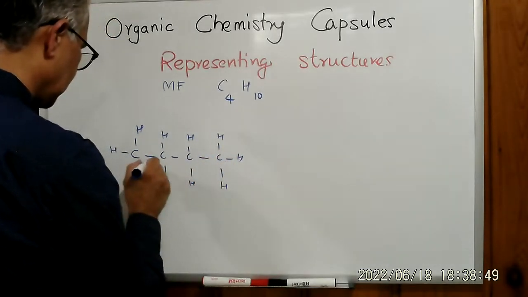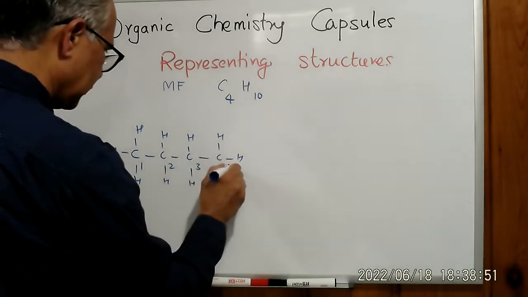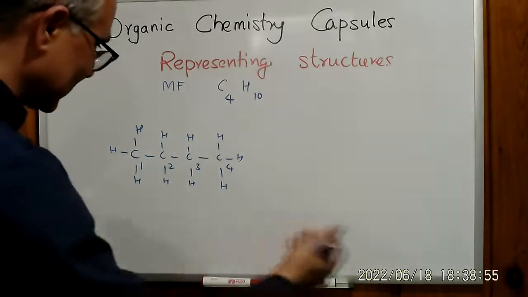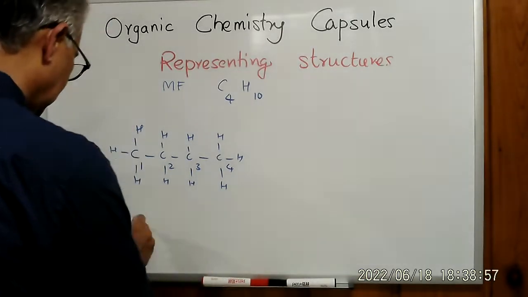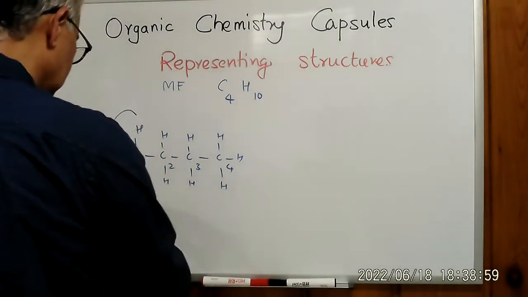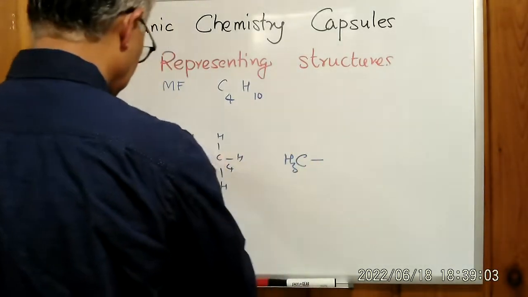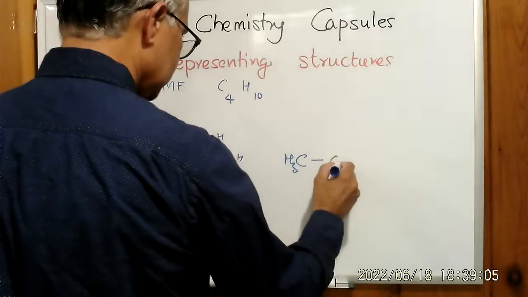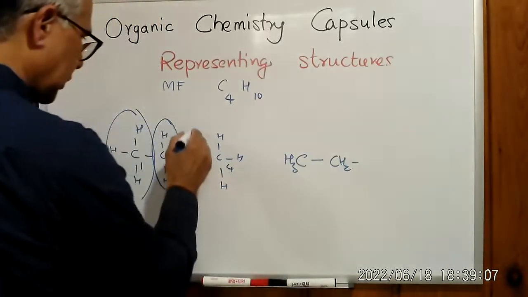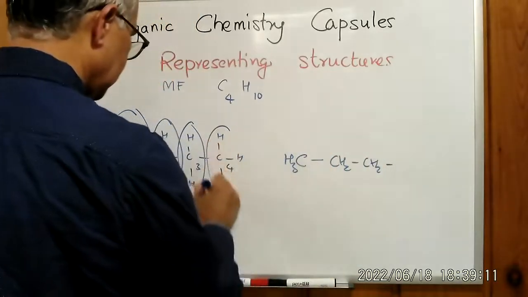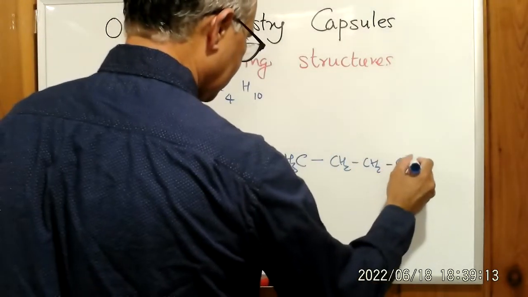So let's number them C1, C2, C3, C4. This is the most explicit structure. This can be collapsed to CH3 connected to CH2 connected to another CH2 connected to the CH3.